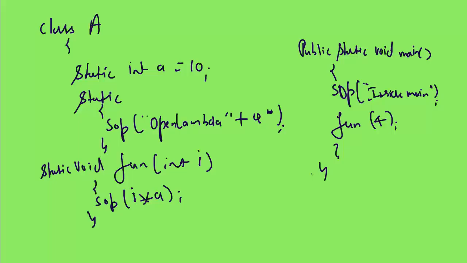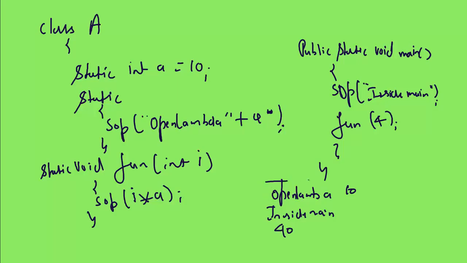Let us understand through the output. The output would be open lambda, the value of A is 10, and then the main method would be invoked. Inside main, inside fun, I am passing 4 and 40 will be printed.